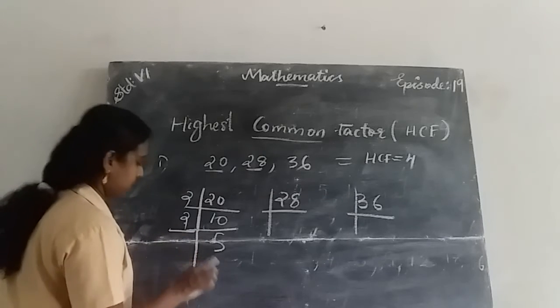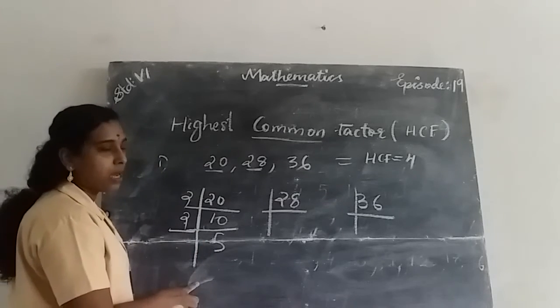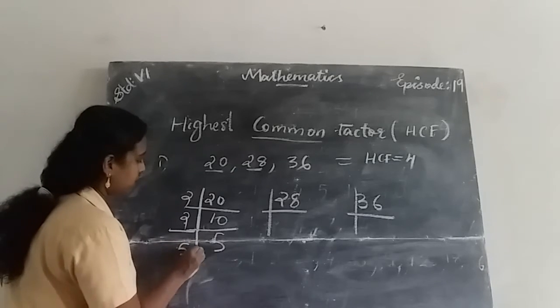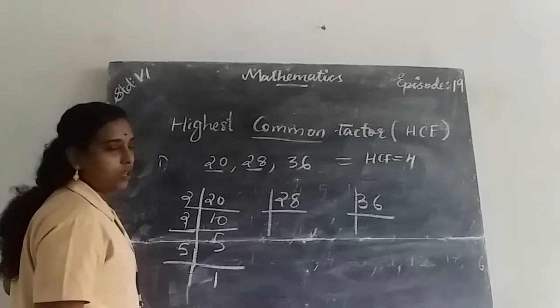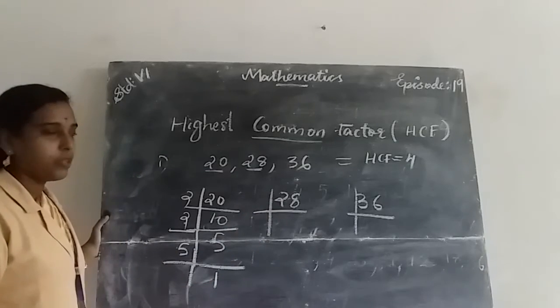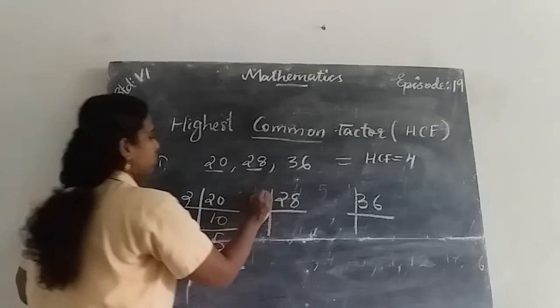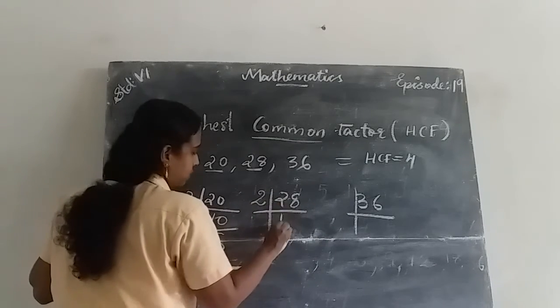Then 5 is not divisible by 2, and 5 is divisible by the prime number 5. Okay, so we get 1. Then 1 5 is 5. Then here 28. 28 is an even number, so 28 is divisible by the least prime number 2. So we take 2. How many 2s are 28? 1 2 is 2.